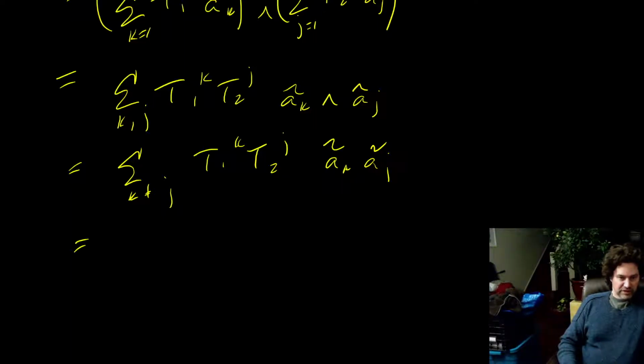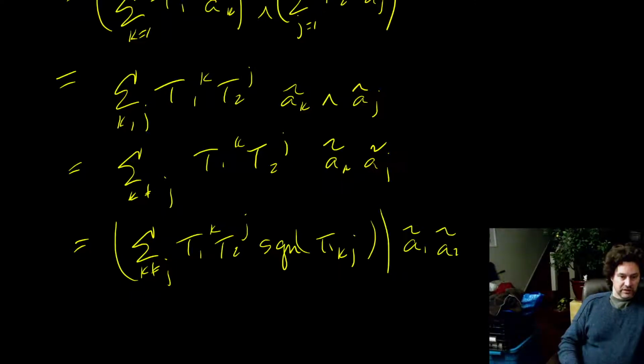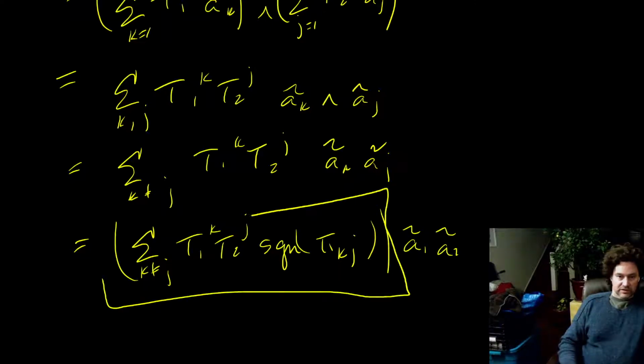So it may or may not be clear, but what we really have here is the sum over k not equal to j of T1k T2j times the sign of the permutation of all the indices kj, times A1 tilde A2 tilde. So here is our constant.